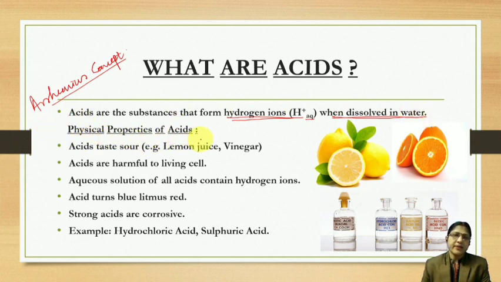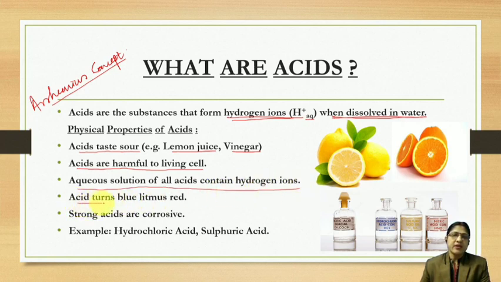Then physical properties of acids. Acids taste sour. So dear students, have you tasted lemon? Yeah, sure. Lemon juice, vinegar, all these are sour in taste. Orange, mango. Acids are harmful to living cells. An aqueous solution of acids contains hydrogen ions, as we already know from the definition of acid.